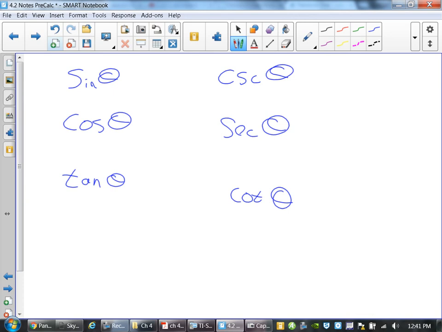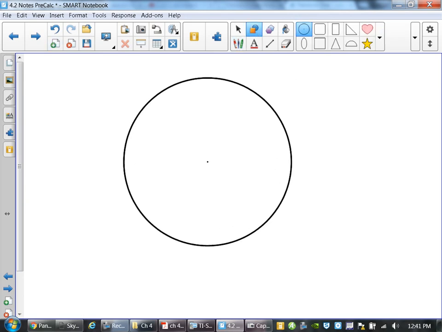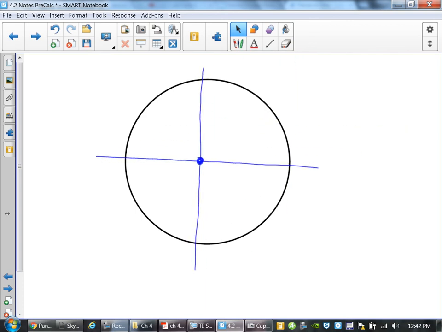Remember, your cosine values, excuse me, if I'm looking at my circle, we were saying that the theta value here was pi over 6, 30 degrees.